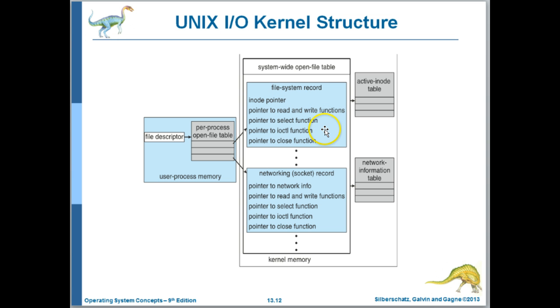So select and I/O control, those will be null pointers because those operations aren't defined for files. But another entry in the file table to a networking socket will point to an object. And remember that the major number on the device file indicates the device driver to use. So these pointers are all to the device driver routines.